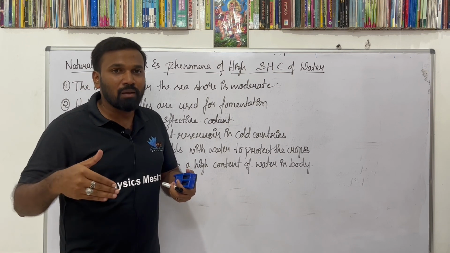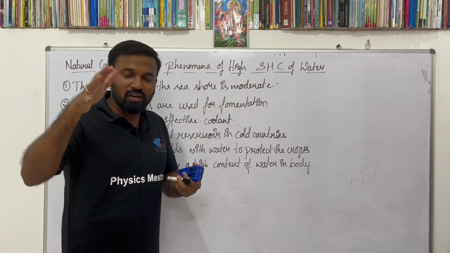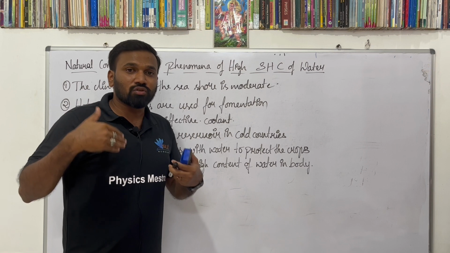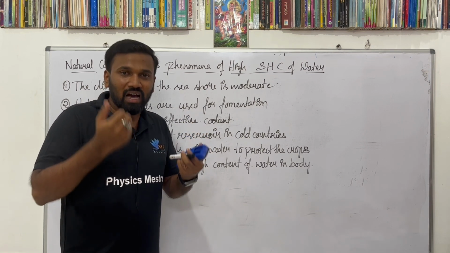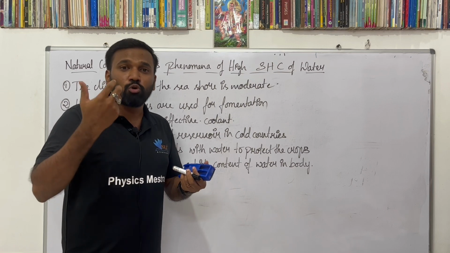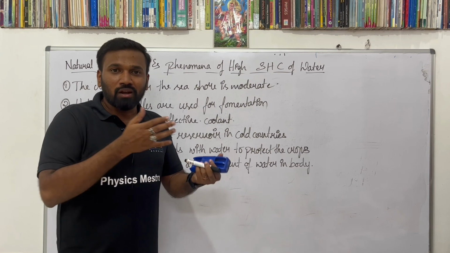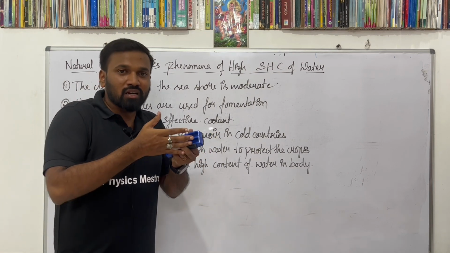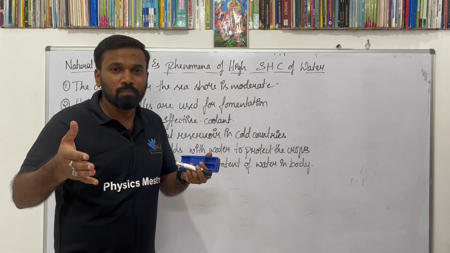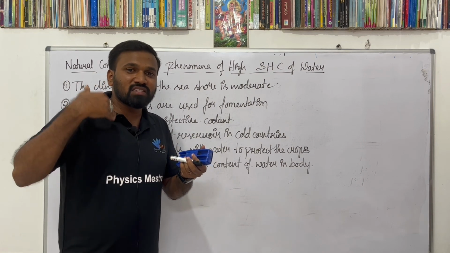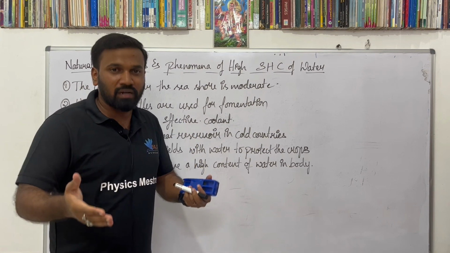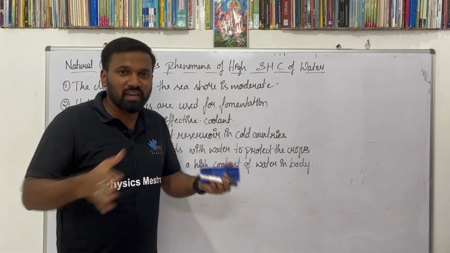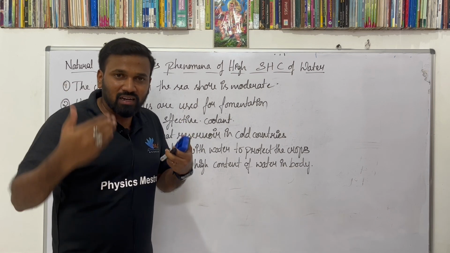So when the temperature goes down, since our body has water with high specific heat capacity, which holds the temperature for a longer time and absorbs the heat energy for a longer time, the body's temperature will not decrease rapidly.